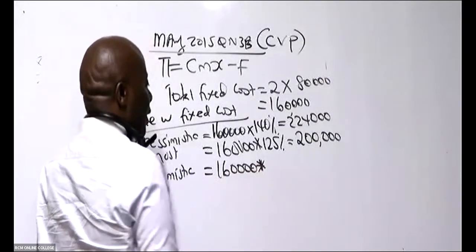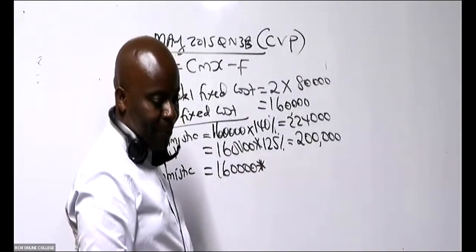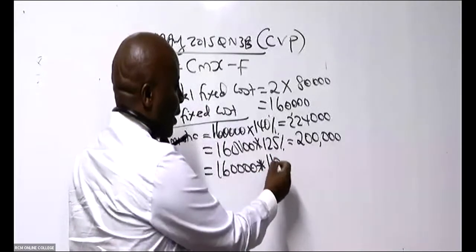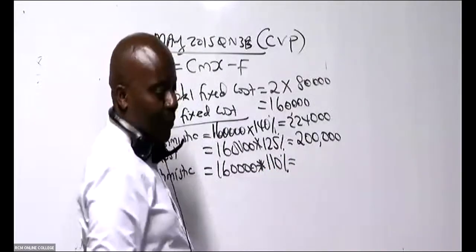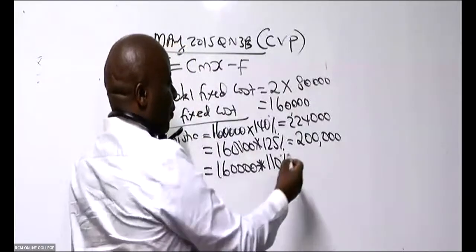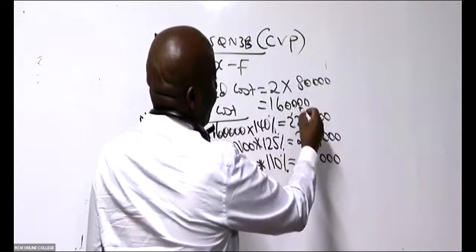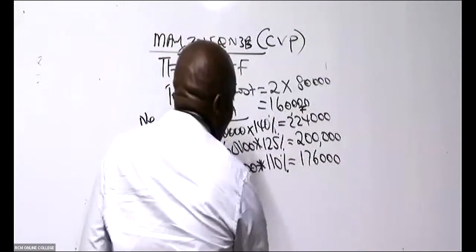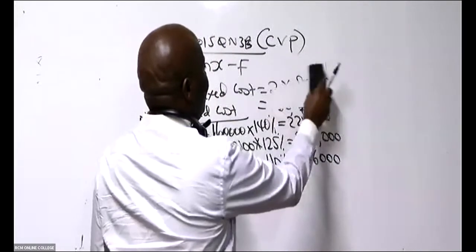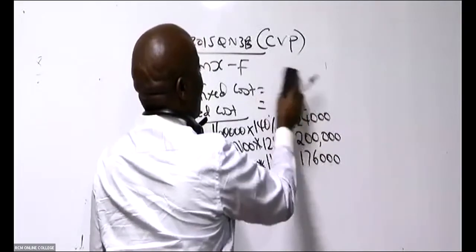For optimistic, what is the percentage increase? 10. So multiply this by 110%, which is 176,000. So these are fixed costs.